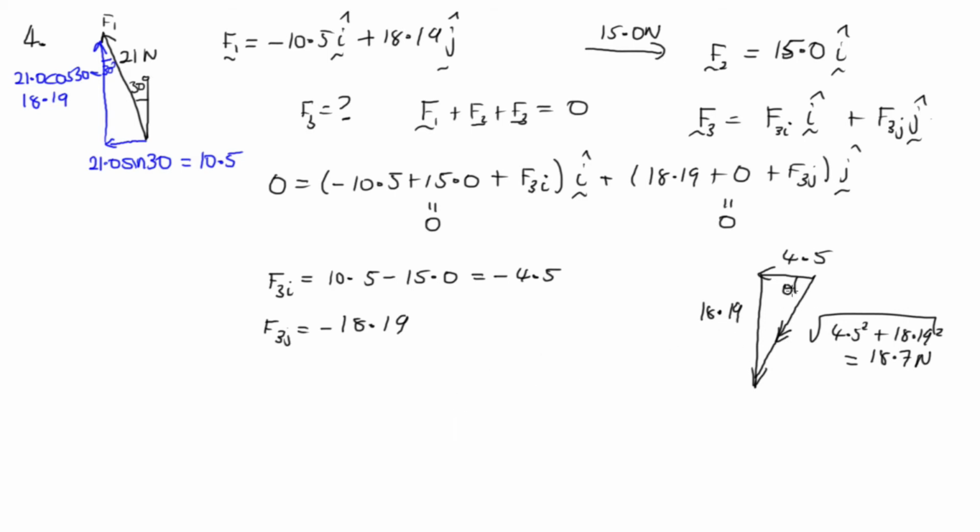You can see that we've got the opposite and the adjacent. So let's use tan. Tan theta is equal to 18.19, the opposite, divided by the adjacent, which is 4.5. Solving that using our inverse tan, we end up with theta equal to 76.1 degrees. So the magnitude is 18.7 and the direction is 76.1 degrees.